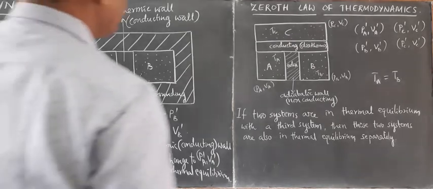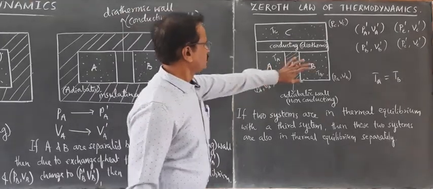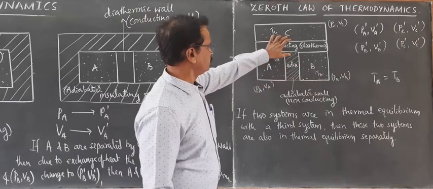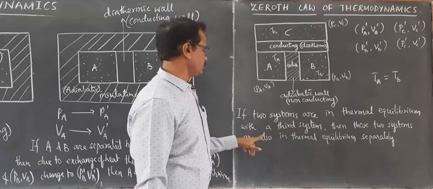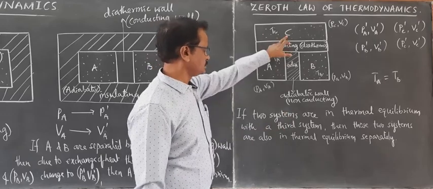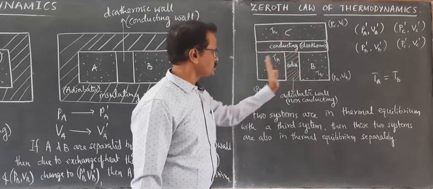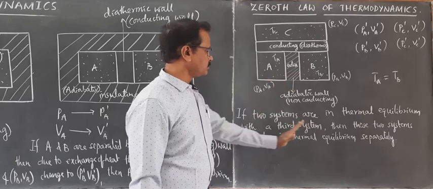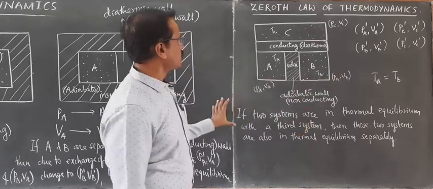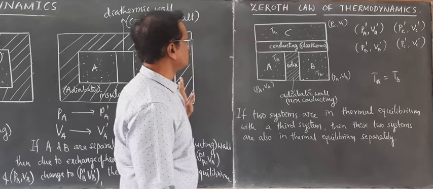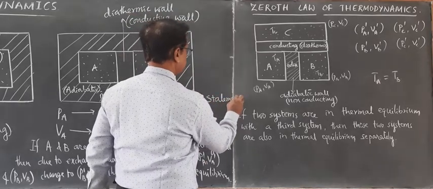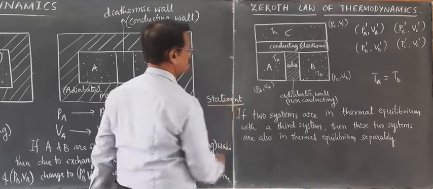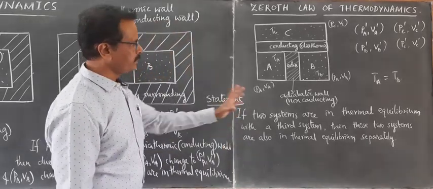So, if two systems A and B are in thermal equilibrium with the third system C, then those two systems A and B are also in thermal equilibrium with each other. This is called the statement of the Zeroth Law of Thermodynamics.